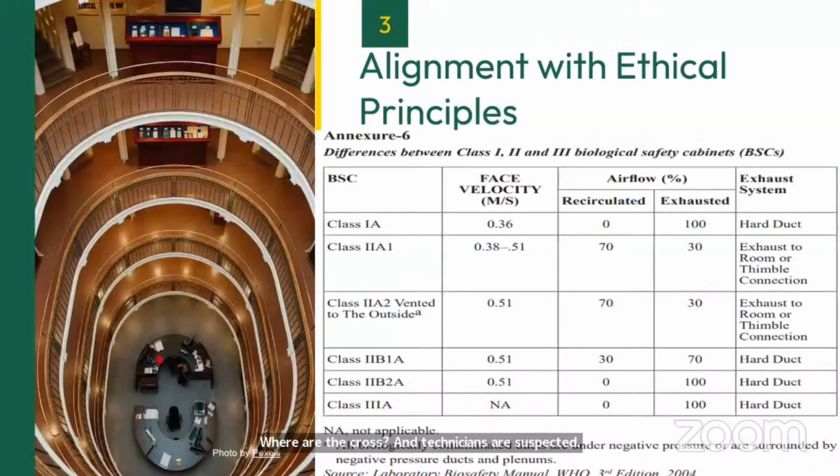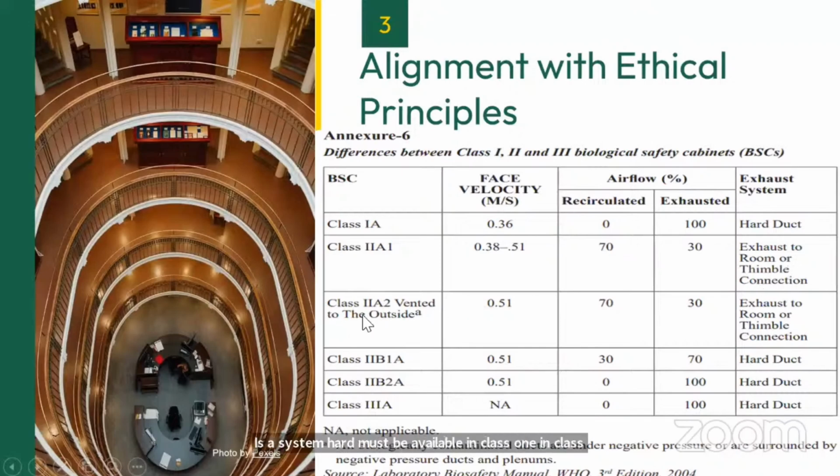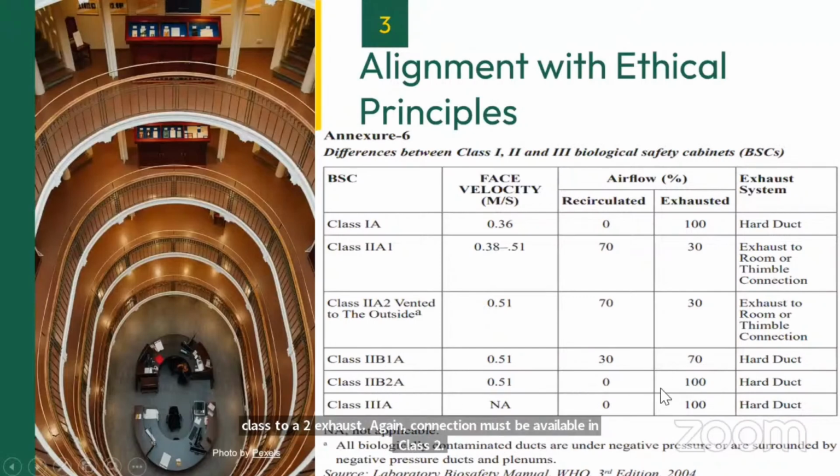So this is annexure 6, where we have categorized the biosafety cabinet classes with airflow, circulation, and exhaust systems. A hard duct must be available in class 1; in class 2A, exhaust to room or thimble connection; in class 2B1, a hard duct; class 2B2 and class 3 also hard duct.